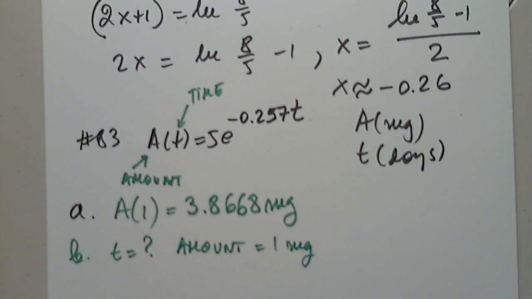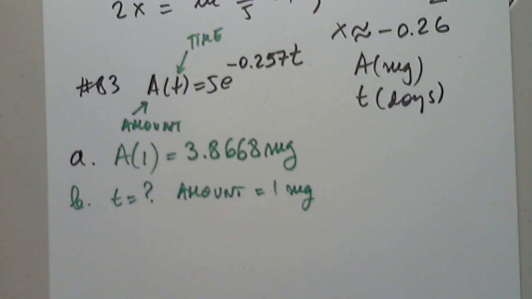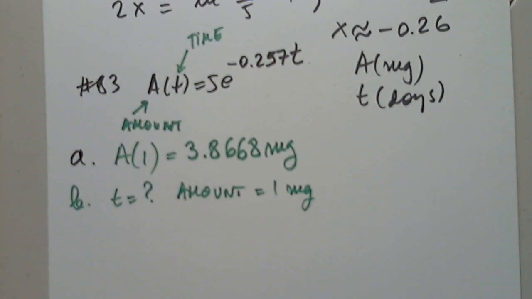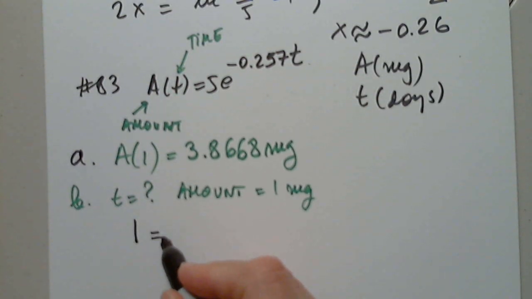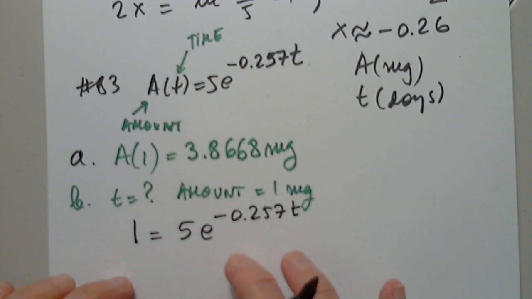How do I do this? What am I asked to do? What is the problem now? That it equals 1. Yes, the amount is 1. 5e to negative 0.257t. That's why we solved that.